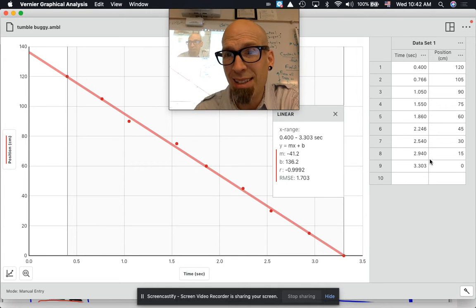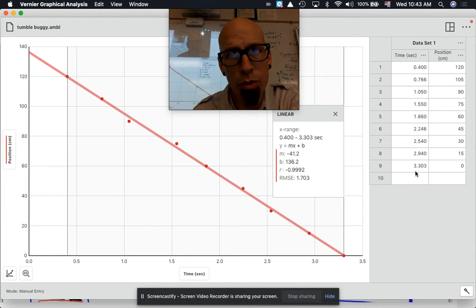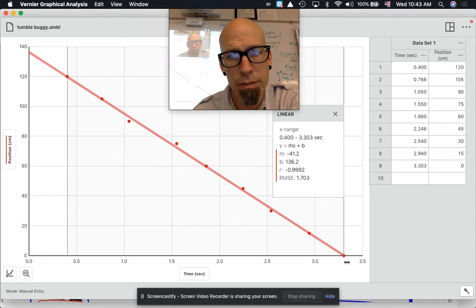If you look at the data table, at position 0, I was at position 0, 3.3 seconds in to this whole thing. My y-intercept is big.